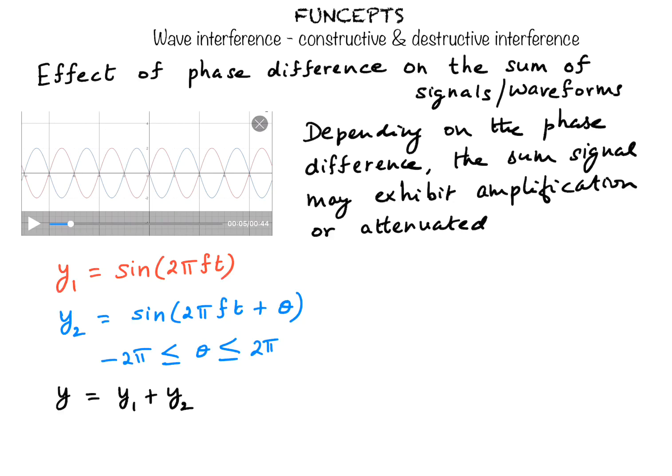So the amplification is maximum when the two waveforms are perfectly aligned with each other, or we say the two waveforms are in phase.